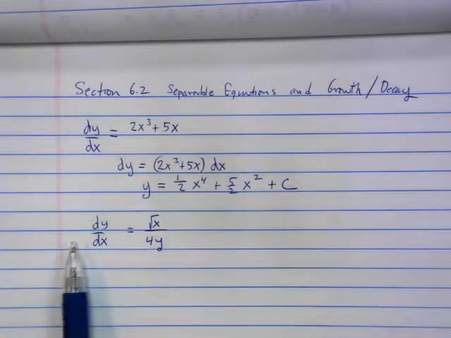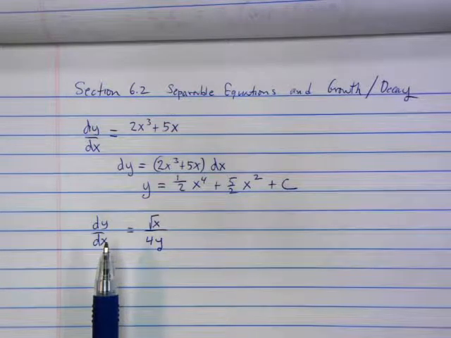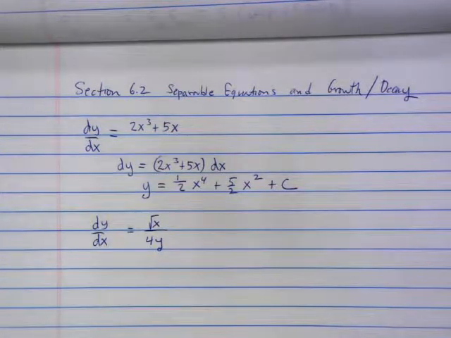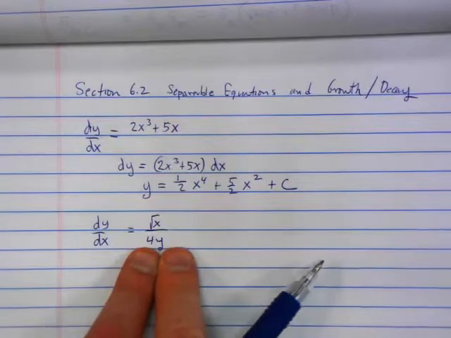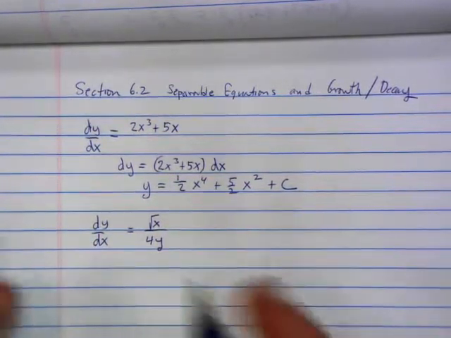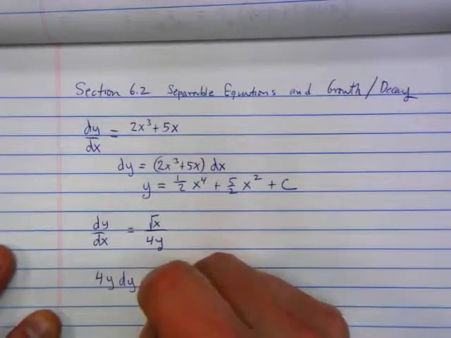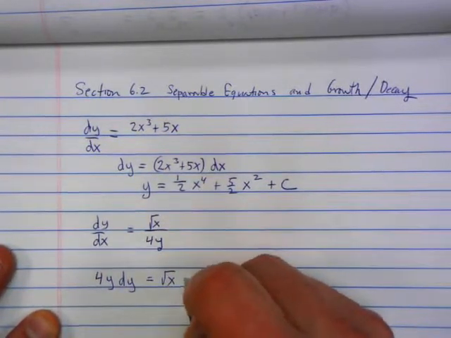I'm not sure what natural log of a derivative would give me. What I'd really like to do is see if I can separate my variables. I could cross multiply, multiplying both sides by 4y and by dx. And I would have 4y dy equals square root of x dx.